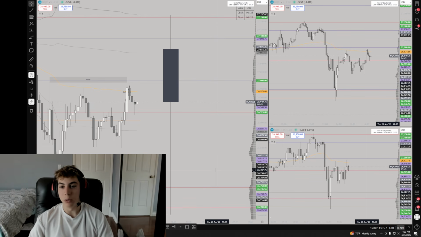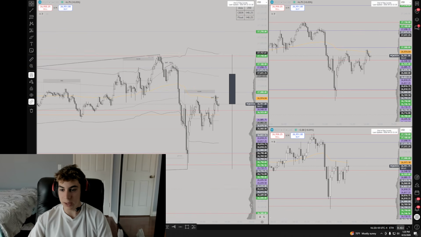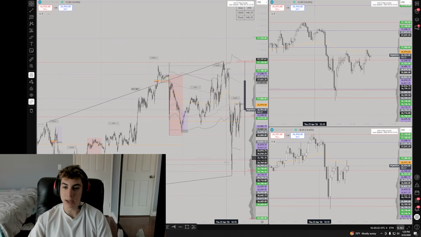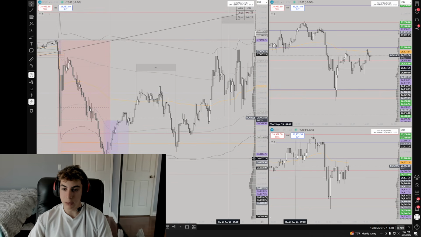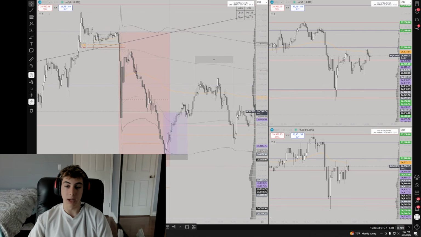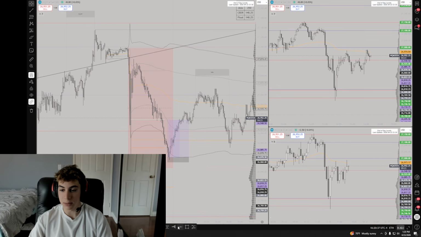What do I look for when I am looking for a trade? More than anything, I'm wanting to understand where are we within a... Let's actually go over this trade here. Well, what I'm looking at here is where are we in a discounted area in price? Like, how can we identify that we're in a discounted area in price?